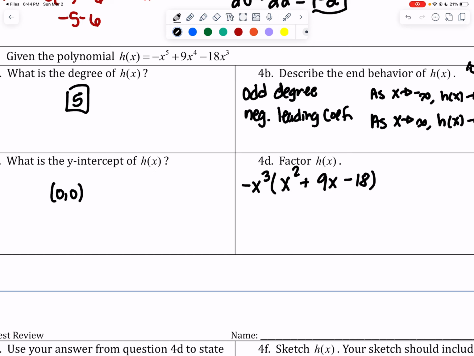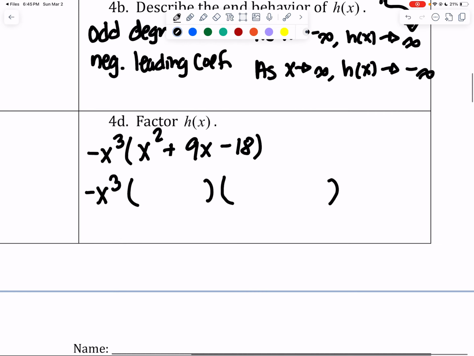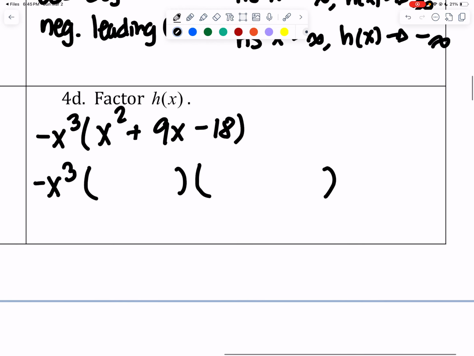Okay, now, based off of this information, I'm not done yet because this is not fully factored. So I'm going to do negative x cubed and then factor out the x squared plus 9x minus 18. So I'm going to try and figure out factors of negative 18.